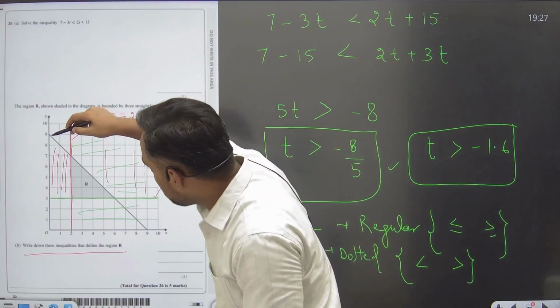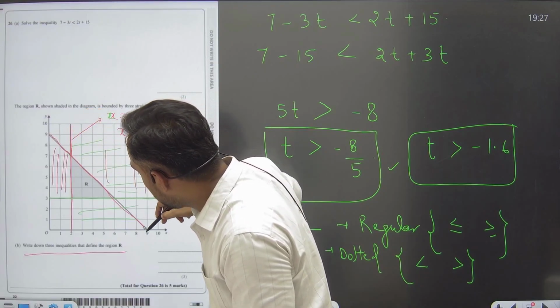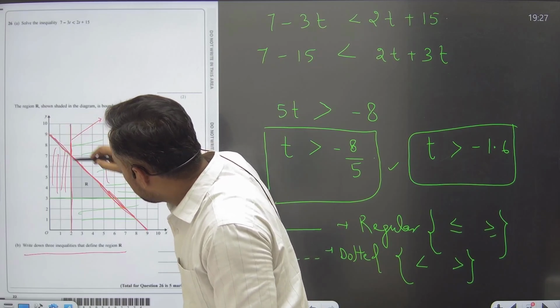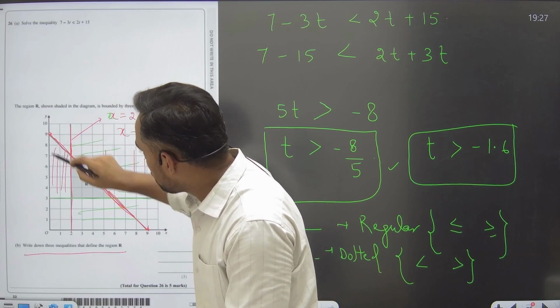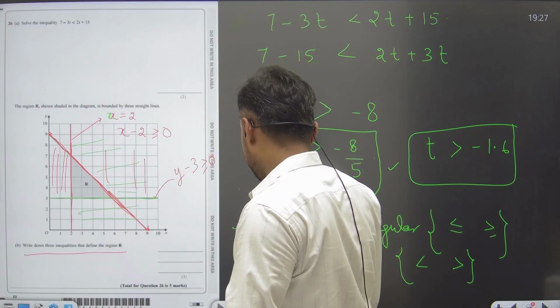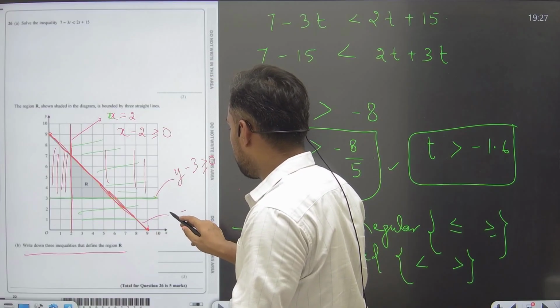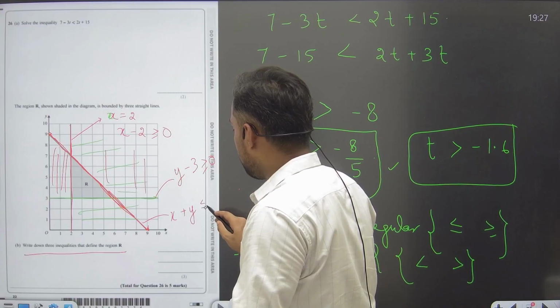Now what about this particular line? We can say that the x intercept is 9, and the y intercept is also 9. So for this line the equation will be x plus y less than or equal to 9.